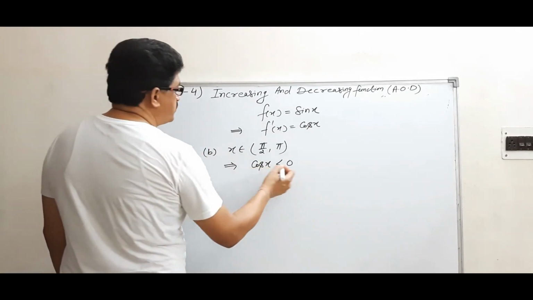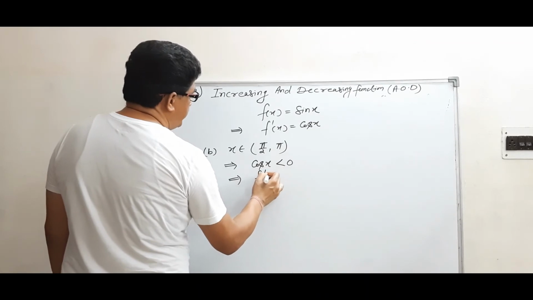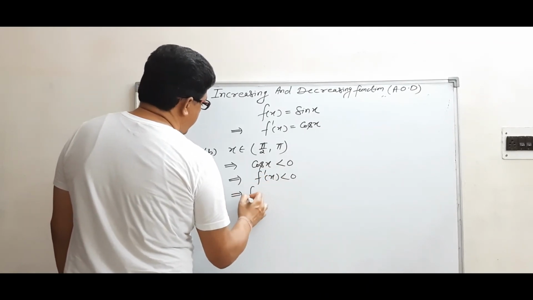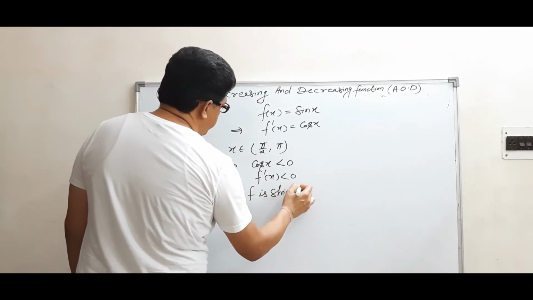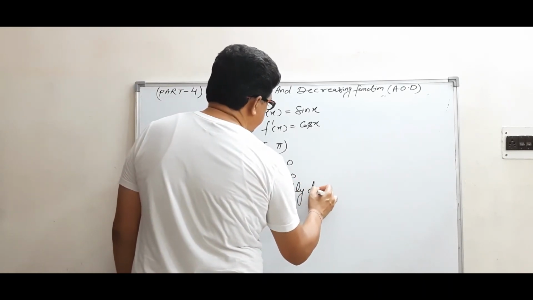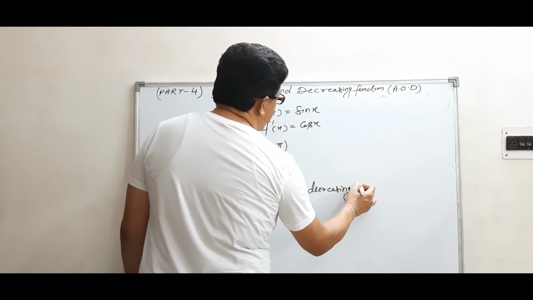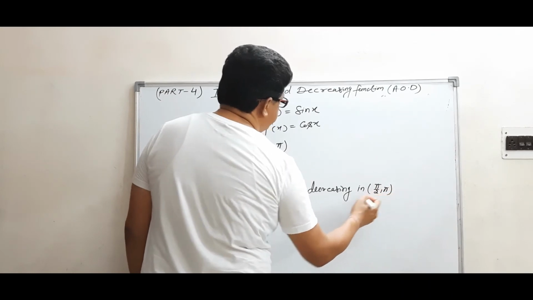So therefore cos x less than 0, so f dash x is less than 0. We can say f is strictly decreasing in the interval pi by 2 to pi.